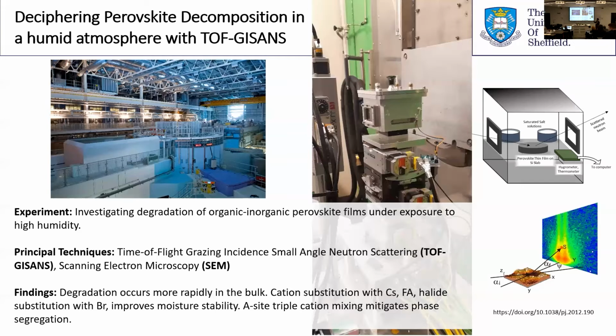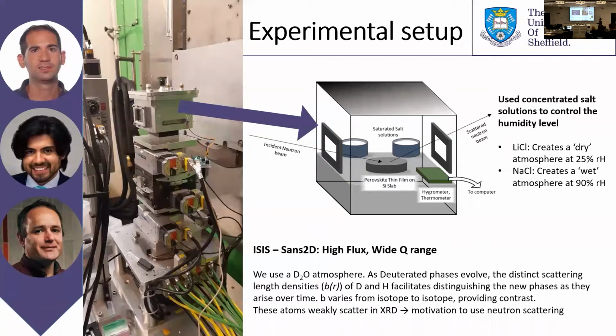I did the experiment at ISIS using SANS 2D. My research group helped me in doing the experiment. There you can see Alan, Gabriel, Francesco.